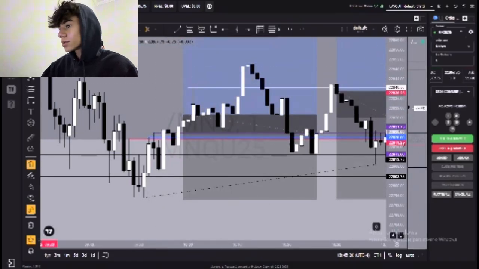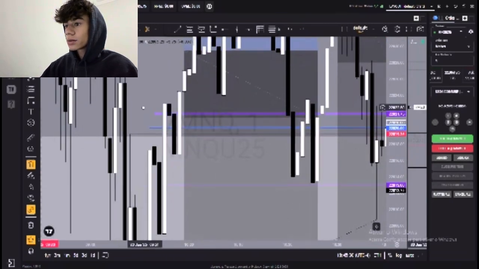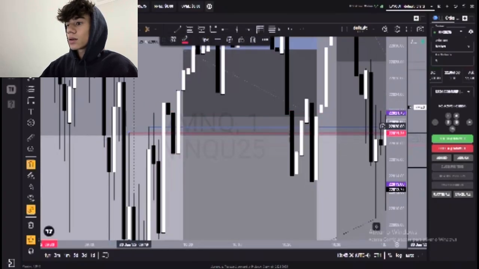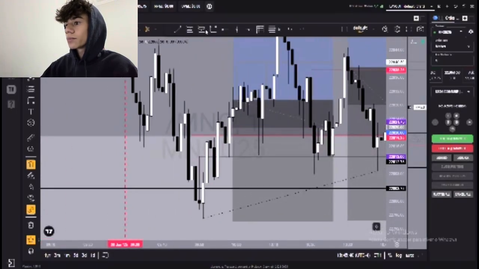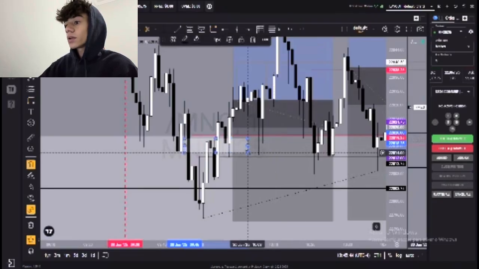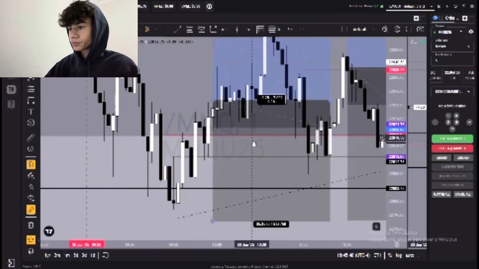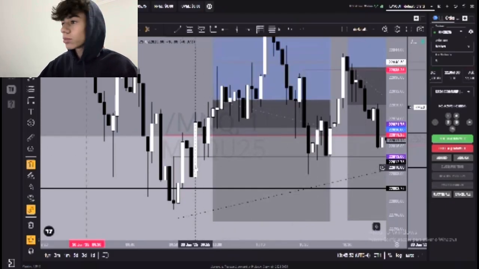Alright, so if you guys are able to see that, right here, we broke structure to the upside with this candle right there, but I just used this one. And we inversed this 1 minute gap right here. Oh, never mind, that's not even a gap. My bad. But yeah, we broke structure to the upside, and we made this breaker block and this order block.